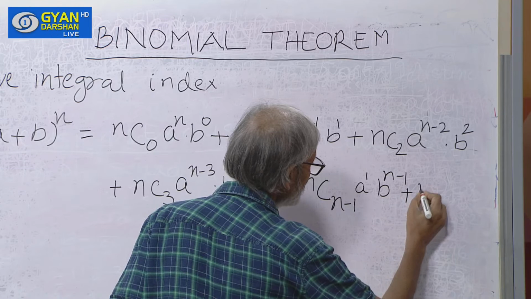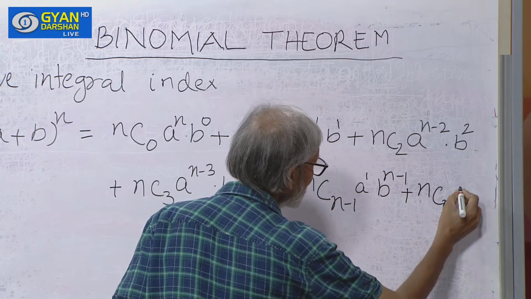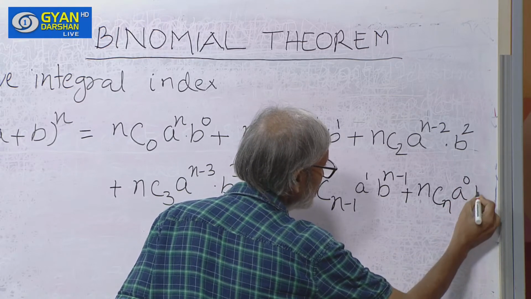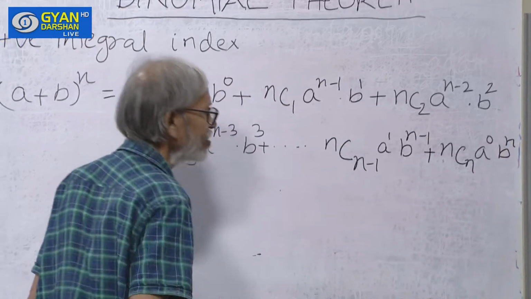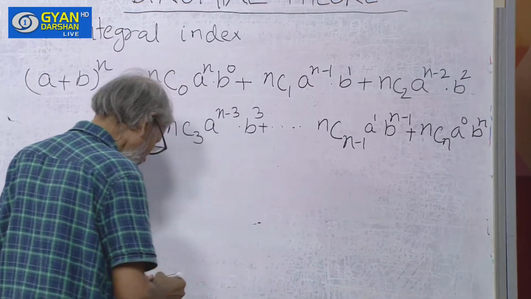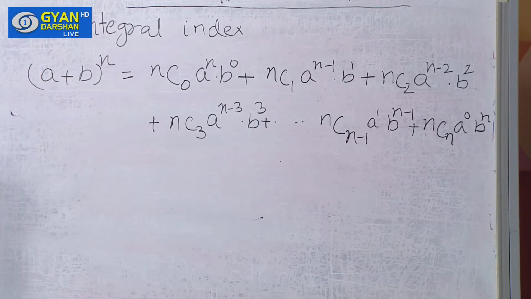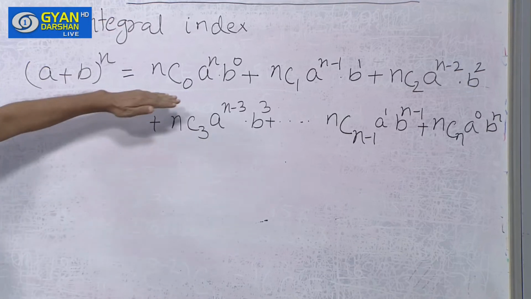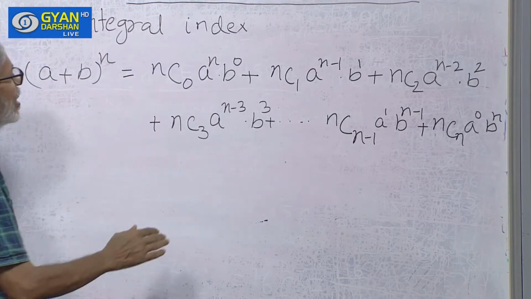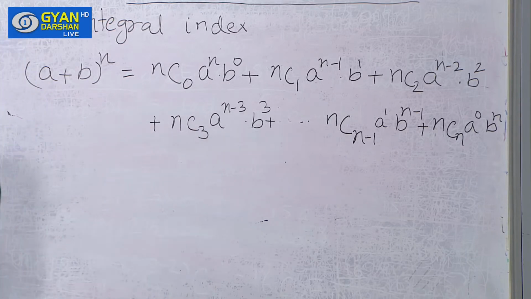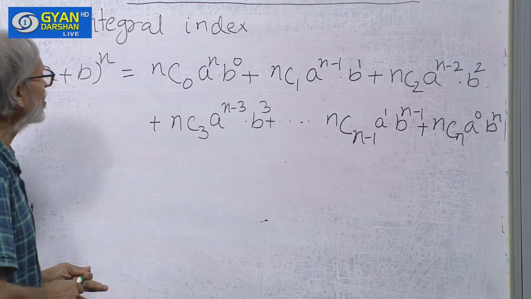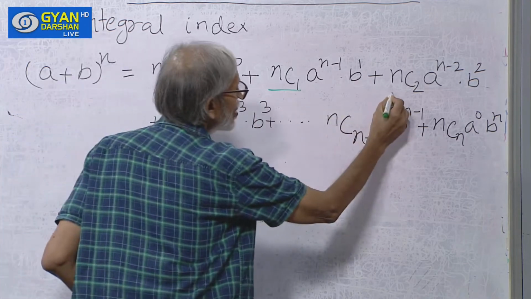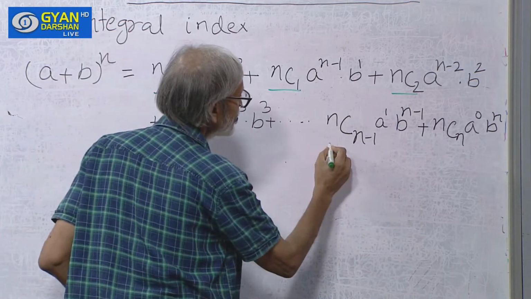The last term would be nCn a to the power 0 and b to the power n. So this is the formula. It is not difficult to remember, because it starts from nC0, and these are called binomial coefficients. These are all binomial coefficients.